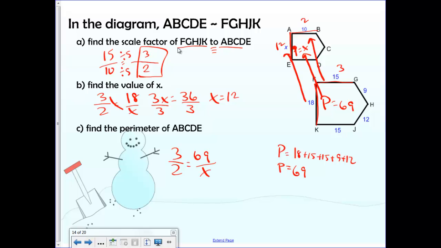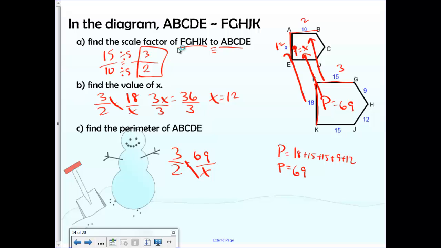We can call it x. My scale factor was 3 to 2. And to find the perimeter of this one, if I know the perimeter of that one, I can use that same scale factor. 69 to x. I'm going to compare this perimeter to that one, just using the scale factor to set it up.